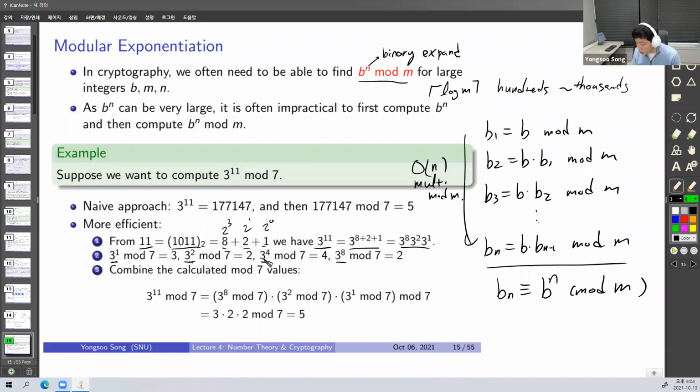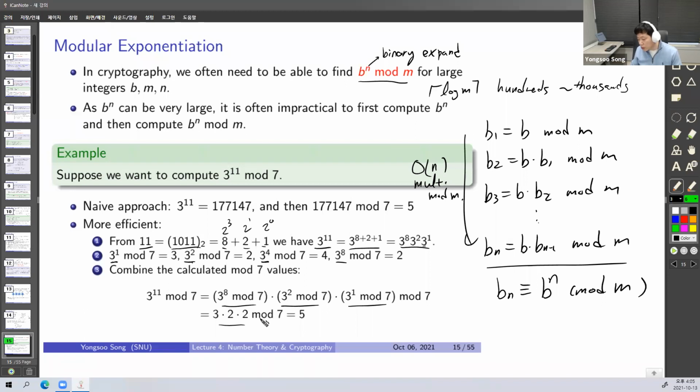So it requires only 3 squarings to compute these powers of 3 modulo m. And then finally, we just need to combine these values to obtain the final result. So what is the total complexity here?